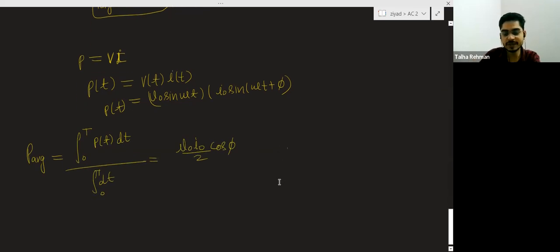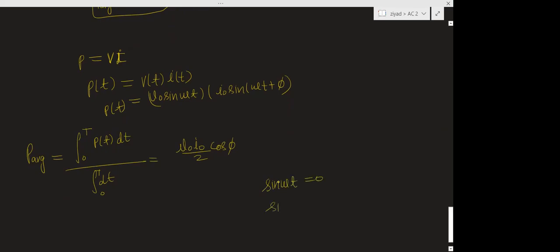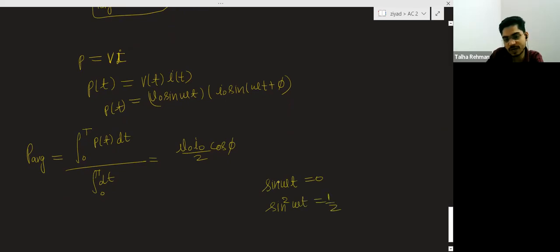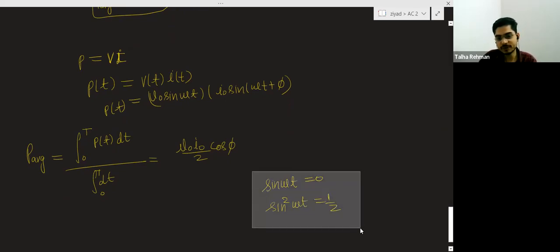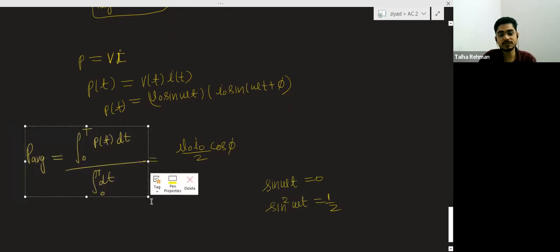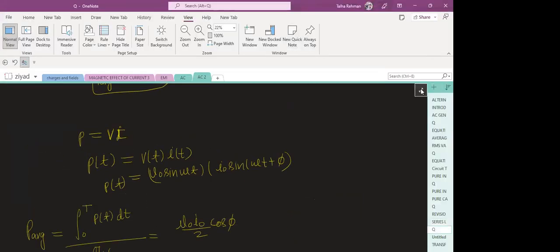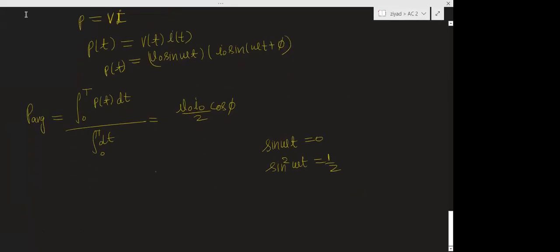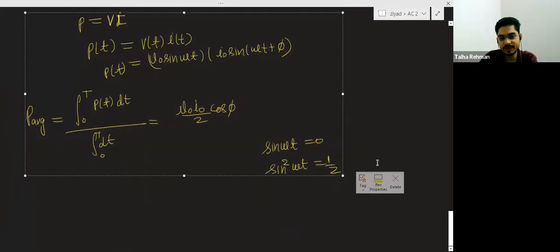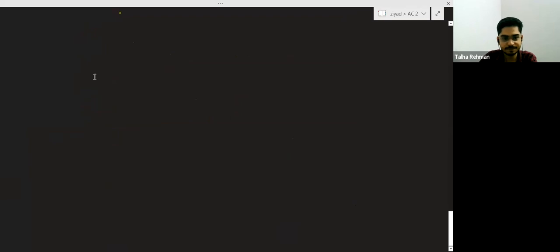I have told you that the average value of sine omega t for a full cycle is equal to 0, and the average value of sine square omega t for a full cycle is equal to half. I will prefer this method, not the other, because that method will be very lengthy. In the next class we will discuss it.